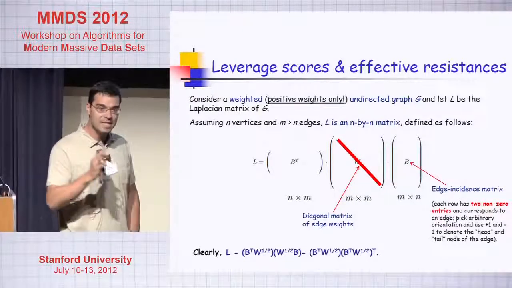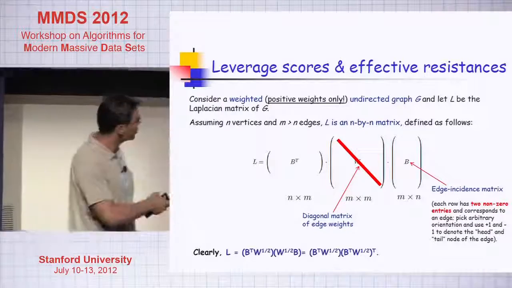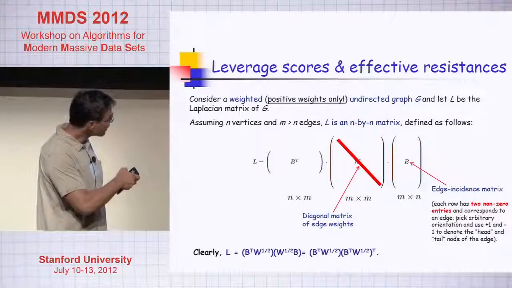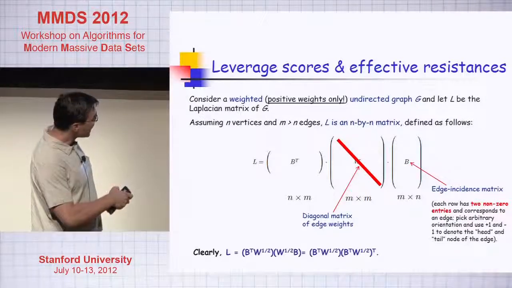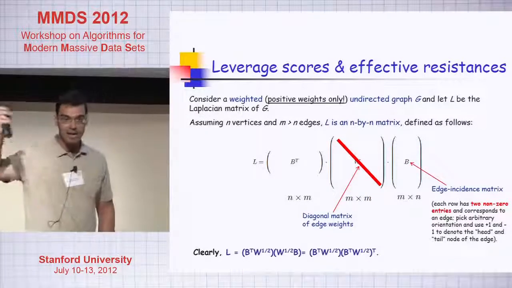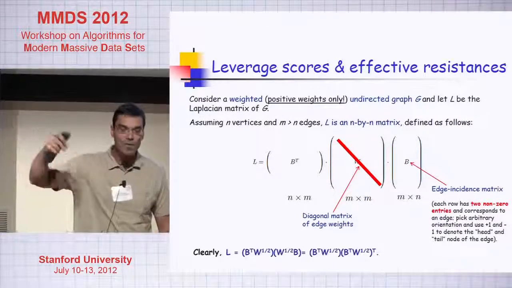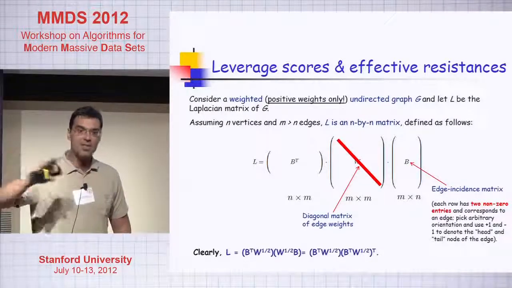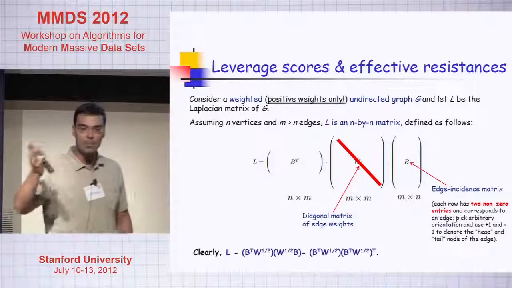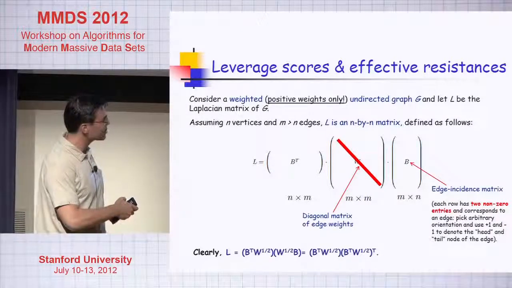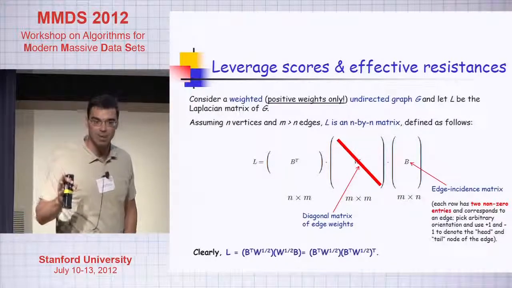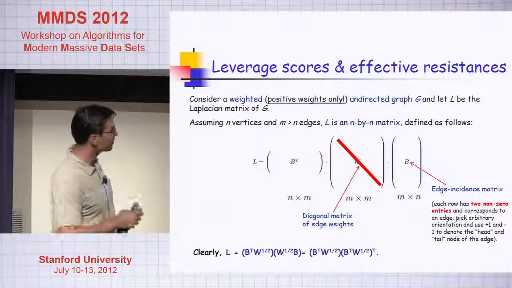B is what is called the edge incidence matrix. You are looking at the rows of B. Each row corresponds to an edge. It's an M by N matrix. And it indicates the start and stop, the beginning and the end of every edge in the graph. Since there is no orientation, just arbitrarily pick an orientation and use a +1 to indicate the start, -1 to indicate the end of the edge.